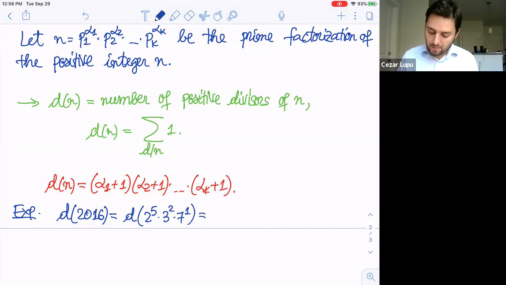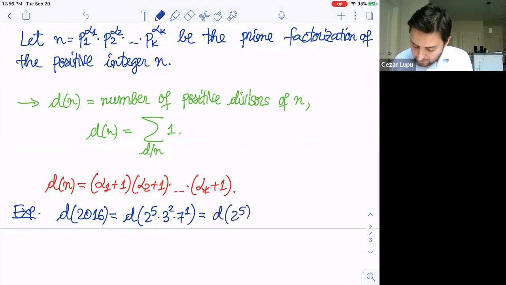Because this is a multiplicative function, this will be d of 2 to the 5th, d of 3 squared, and d of 7.